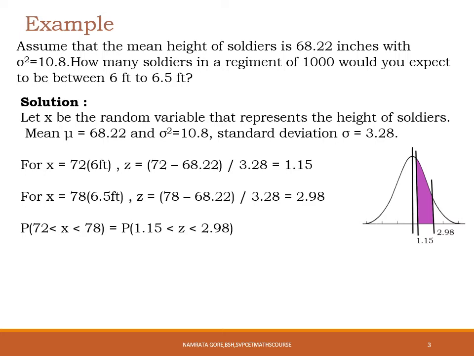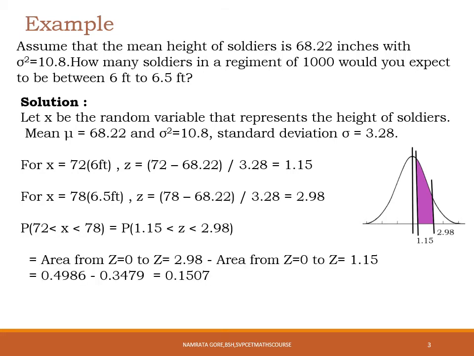So the very first step is to draw the bell curve. Here the particular shaded region is on one side of the mean, and therefore we need to calculate area between z equal to 0 to z equal to 2.98 minus area between z equal to 0 to z equal to 1.15, so that we can get the required area.